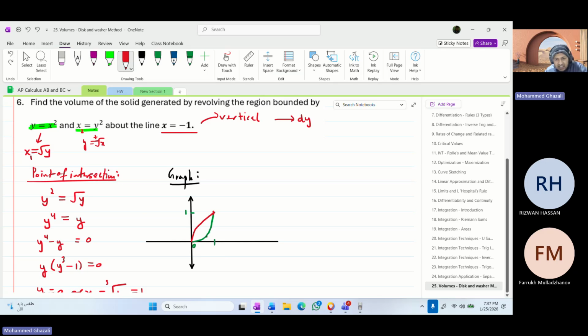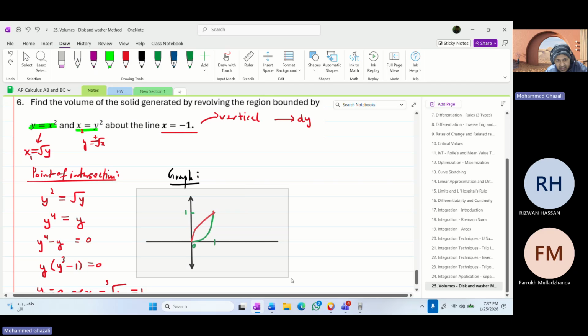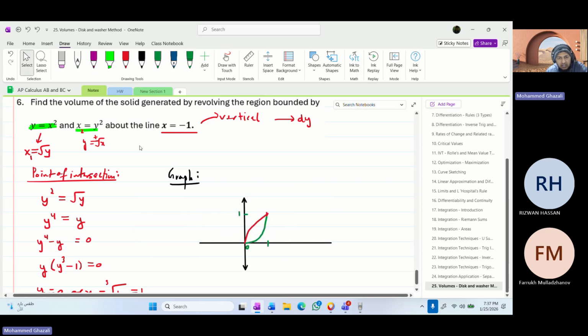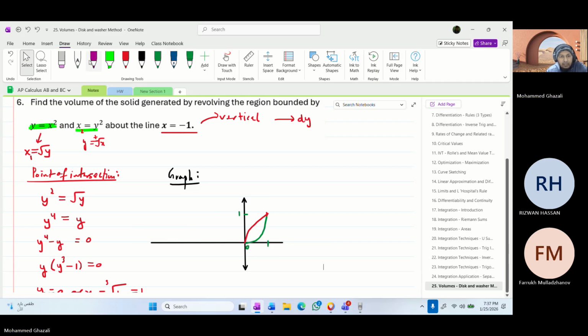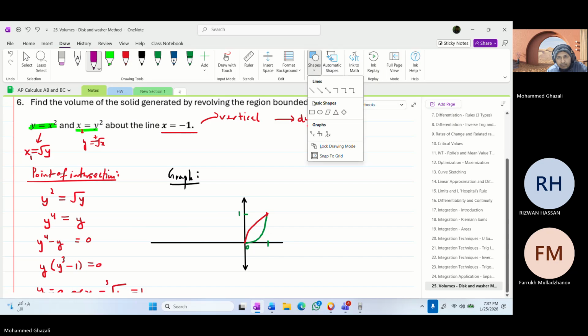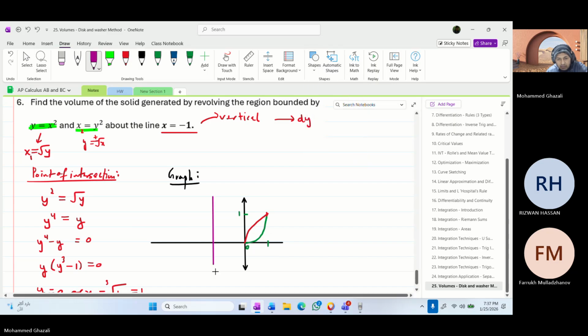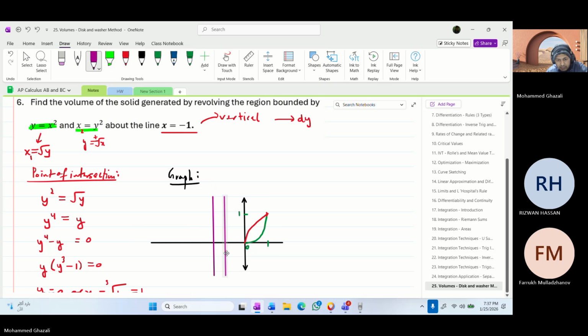Now you are rotating this graph. You're rotating this about what? The line x equals -1. So let's just say -1 is there.